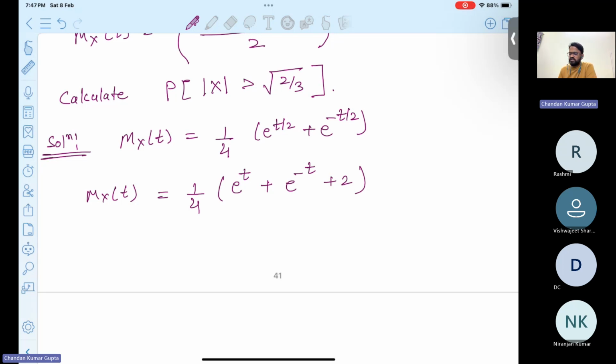Now we need to calculate the expectation.